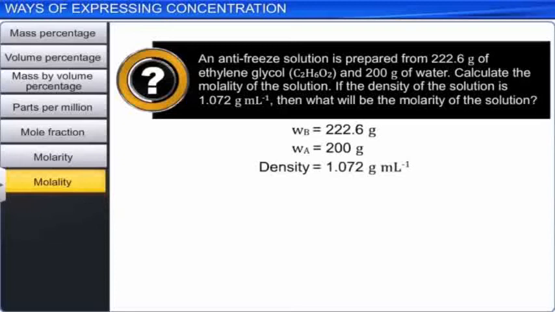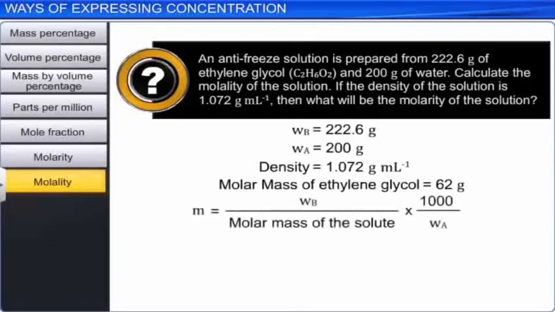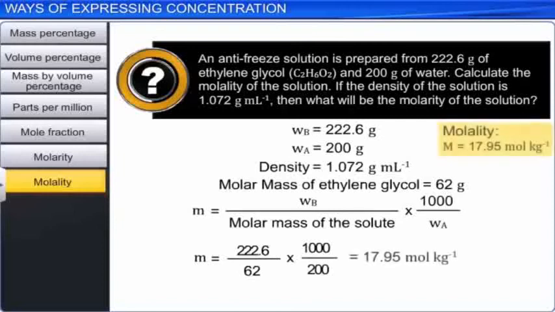The molar mass of ethylene glycol is 62 grams per mole. Substituting these values in the formula for molality, we get m is equal to 222.6 divided by 62, multiplied by 1000 by 200. On solving, we get m is equal to 17.95 moles per kg. Next, let us find the molarity of this solution.